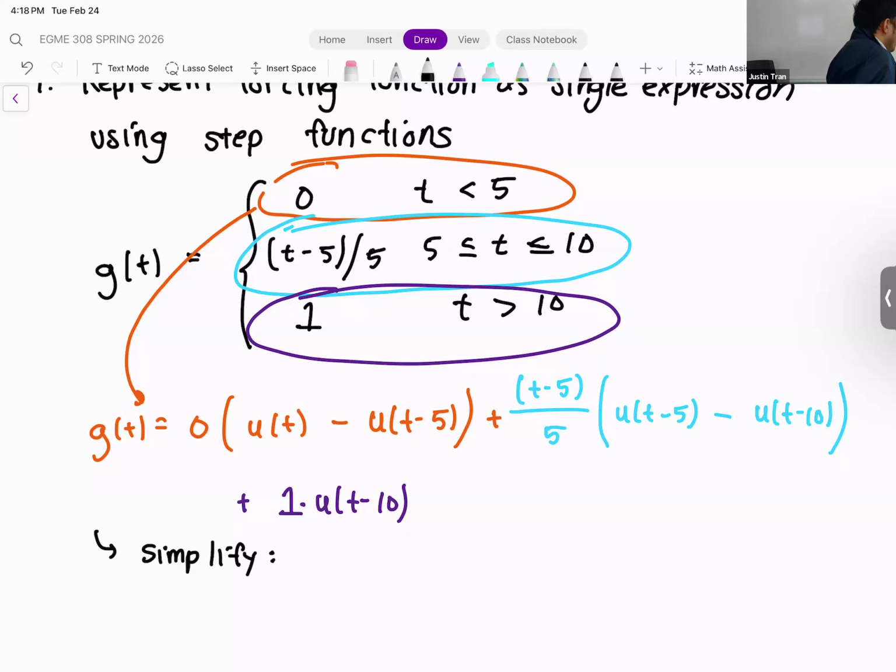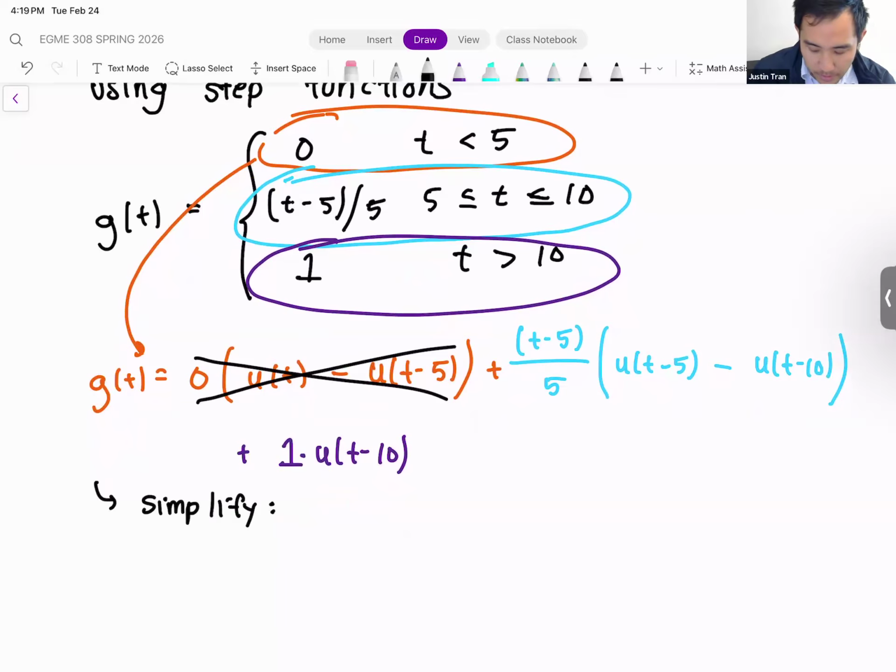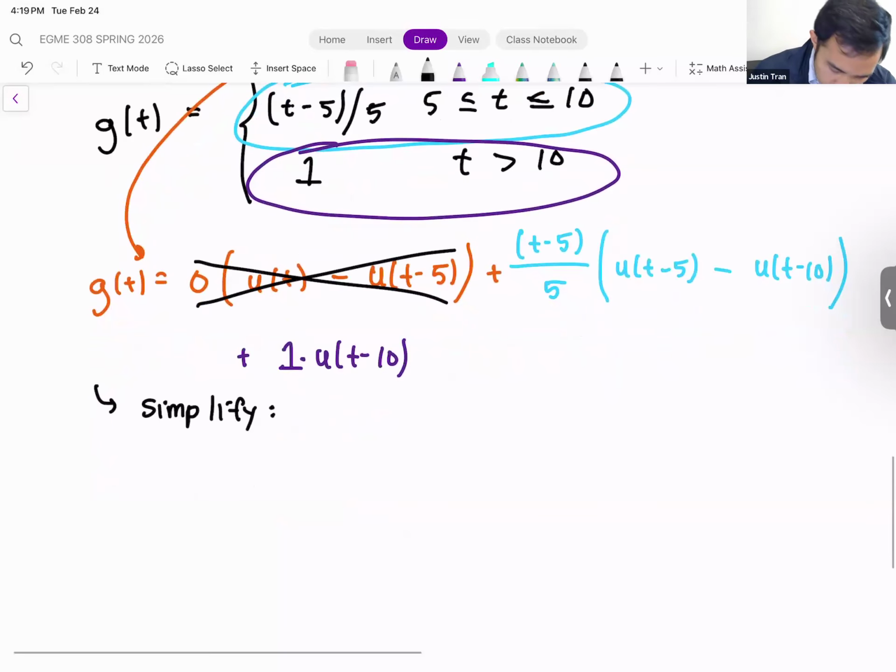All right, so of course, the first term in orange just goes away, because 0 multiplied by a step function is just 0. And then what I'm going to do from there is distribute.